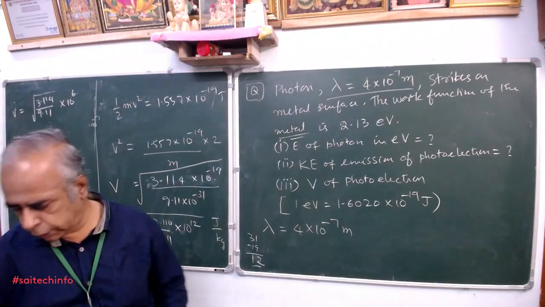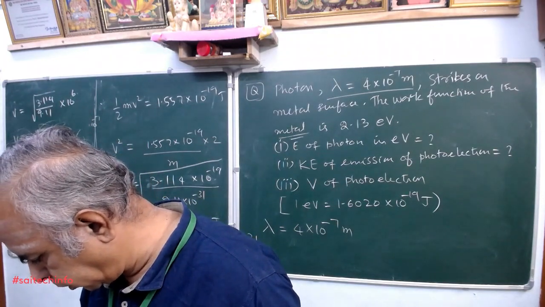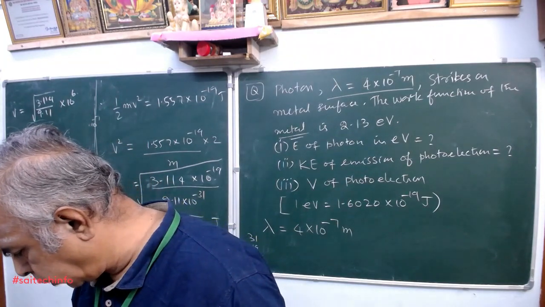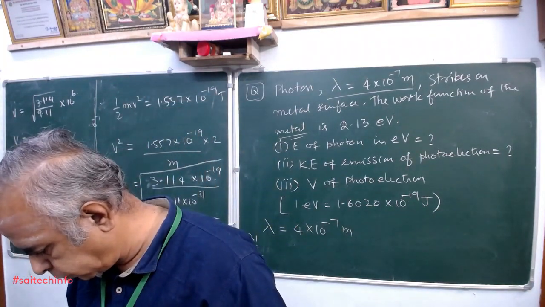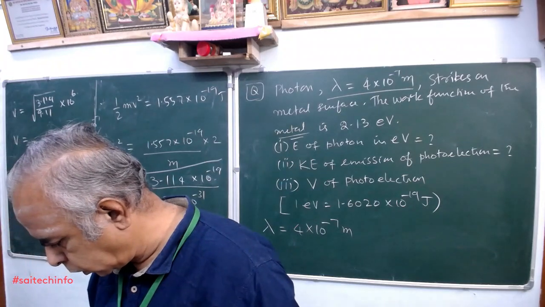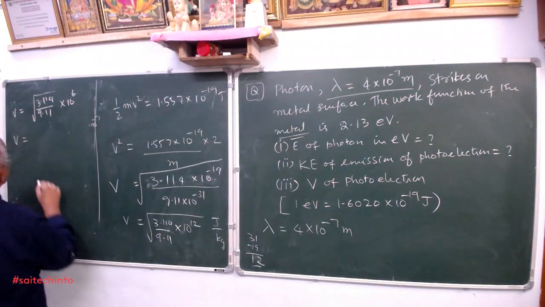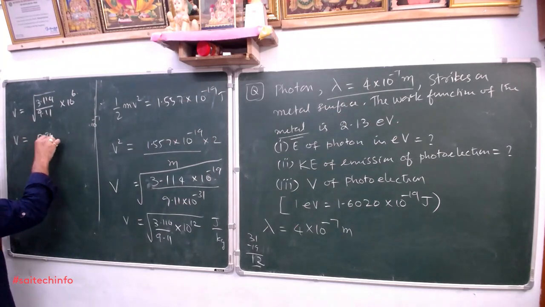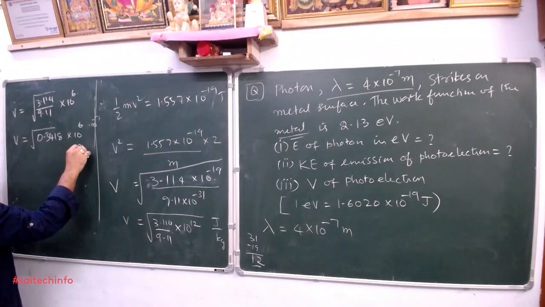Let us divide that one. So 0.3418, square root, into 10 power 6 meter per second.